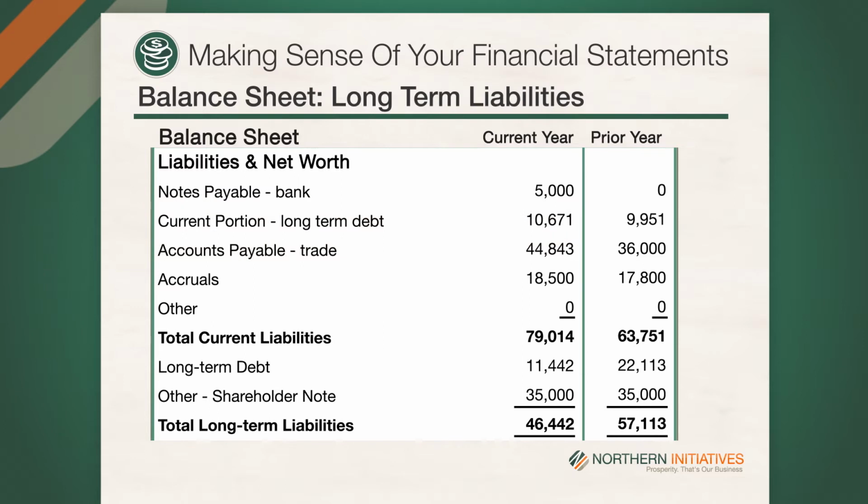The remaining principal balance that is due beyond 12 months is reported as a long-term liability. In this case, it is $11,442. It's important to understand what amount of principal will need to be repaid in the next 12 months so that current assets can be managed to allow enough working capital to make the payments.